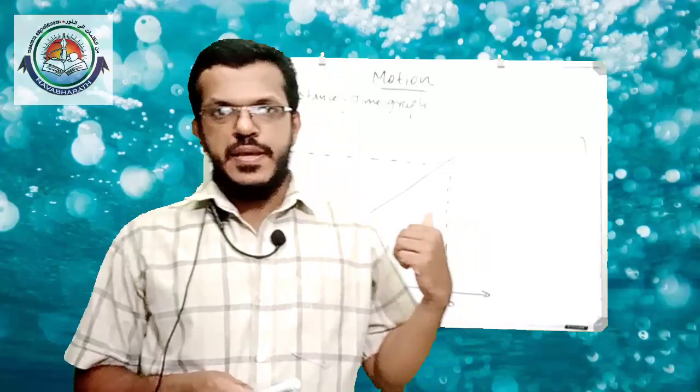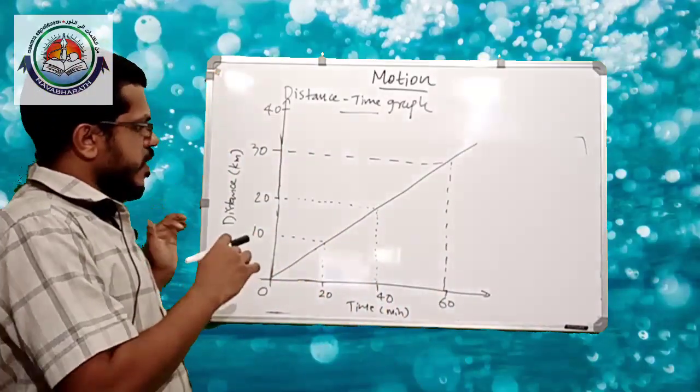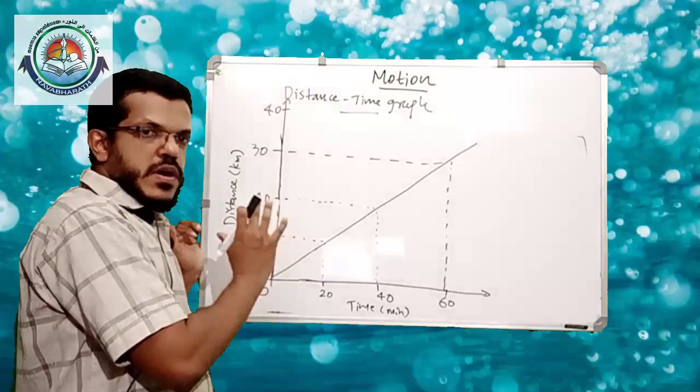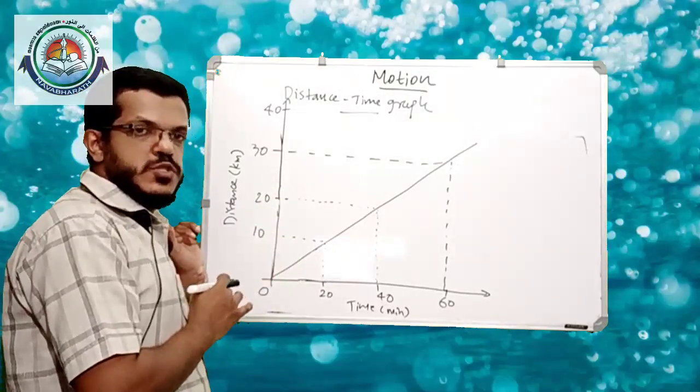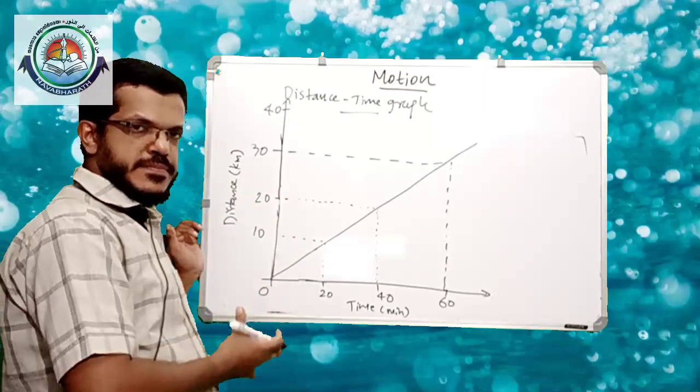Here I show one of the graphs related to uniform speed. Then how can we say it is a graph of uniform speed?